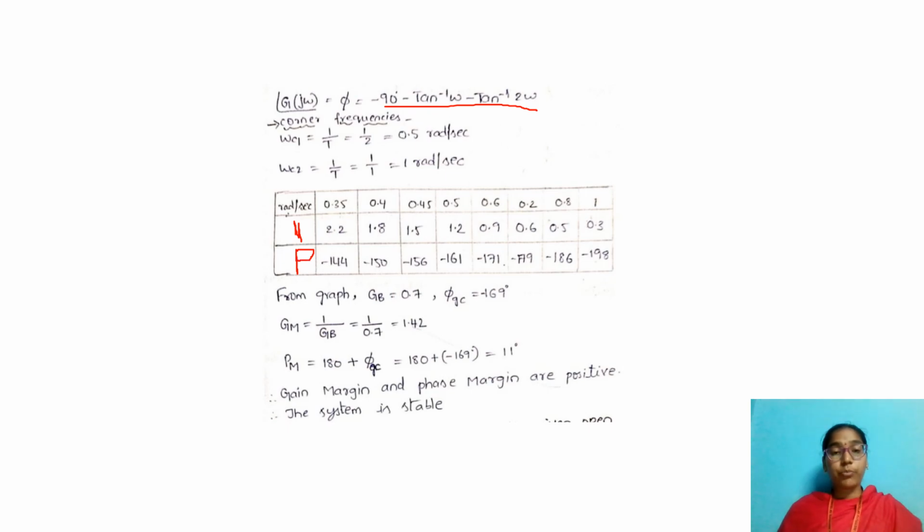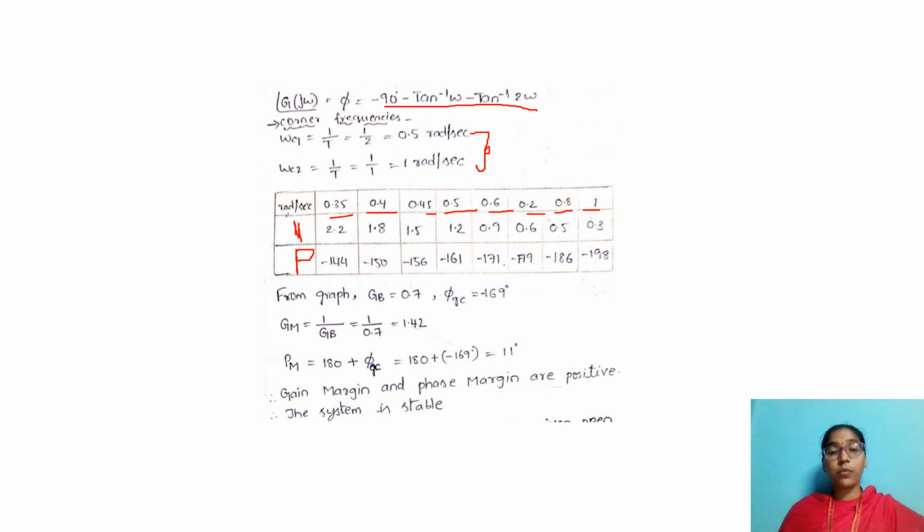We substitute values between these limits, in the phase plot and magnitude plot. We take 0.35, 0.4, 0.45, 0.5, 0.6, 0.7, 0.8 and 1.